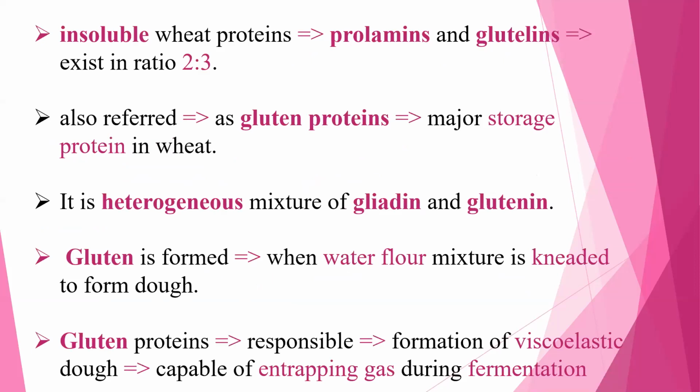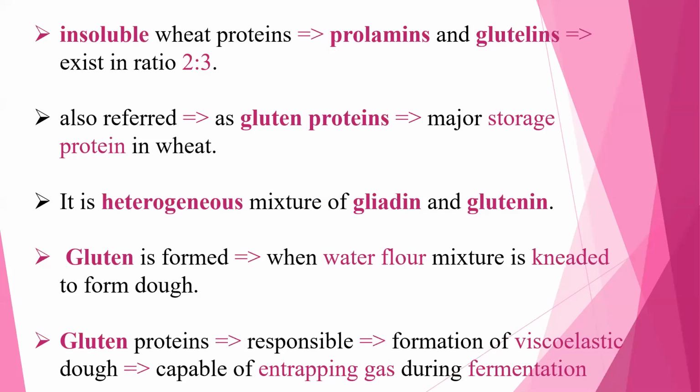These two, prolamins and glutelins, are the major storage proteins in wheat. It is a heterogeneous mixture of gliadin and glutenin. Gliadin, that is prolamin, and glutenin, that is glutelins. Gluten is formed when a water and flour mixture is kneaded to form dough.